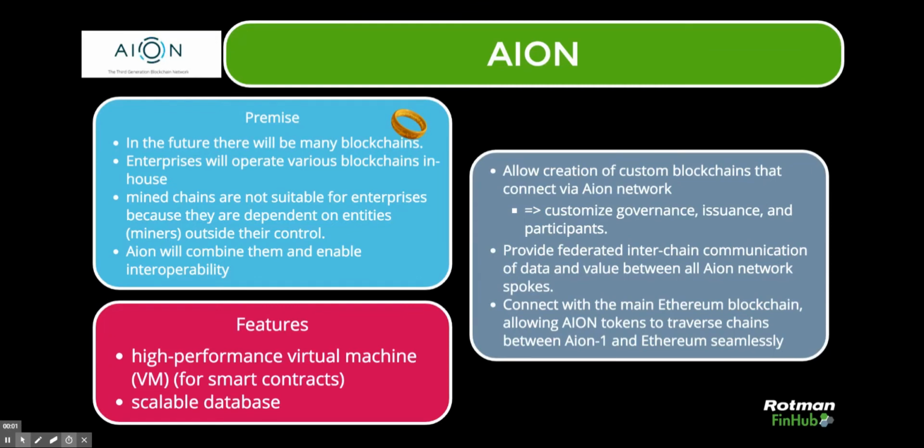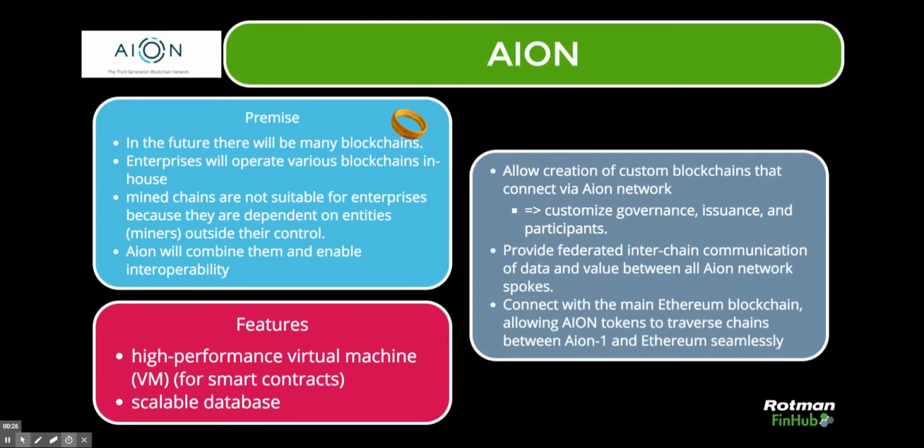Let me now briefly talk about the ION network. The idea of this one is it's built on the promise that in the future there may be many blockchains. In particular, enterprises will probably operate different blockchains, maybe different parts of their firm, simply because it may lend itself to it when you have different countries, different applications, when two firms merge.